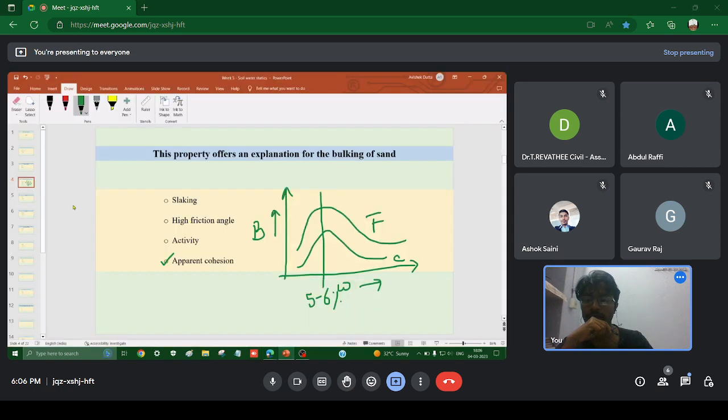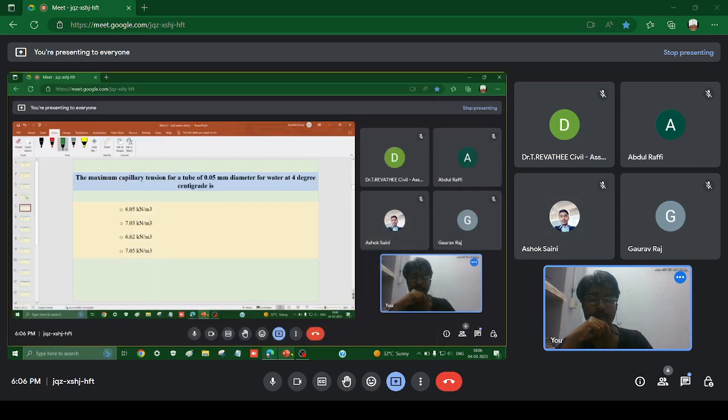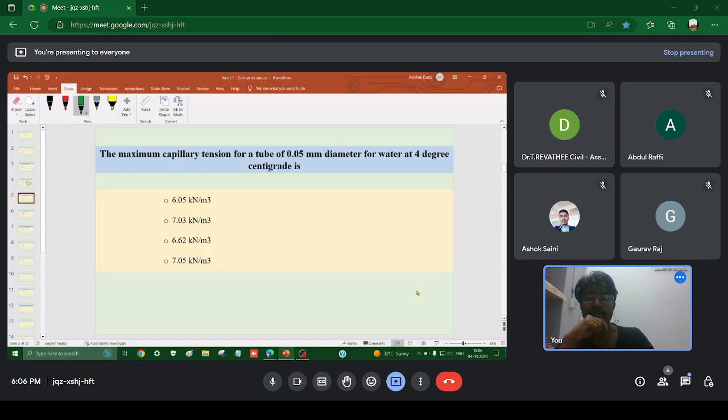Okay, next question. The maximum capillary tension for a tube of 0.05 mm diameter for water at 4 degrees centigrade. What is the answer? Anyone have solved this question?